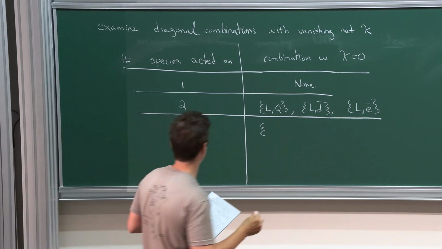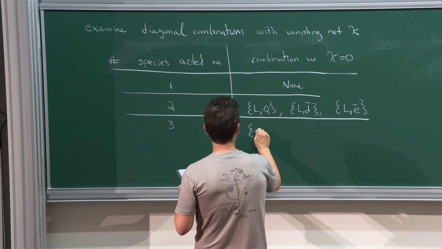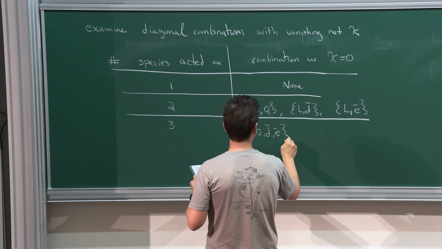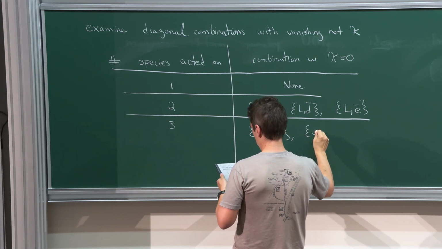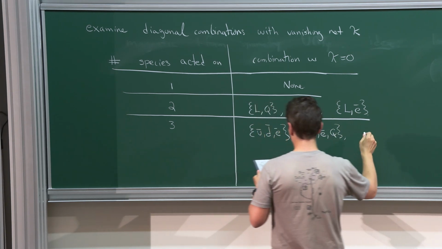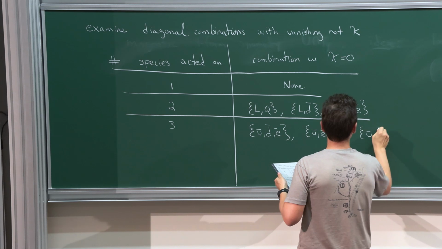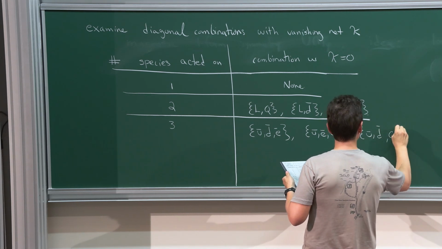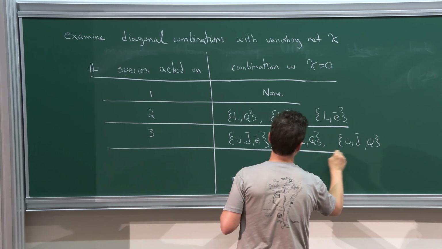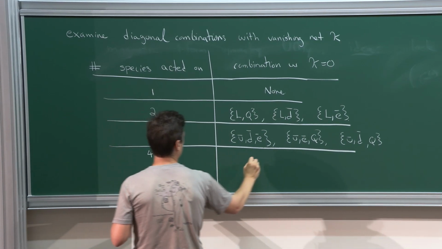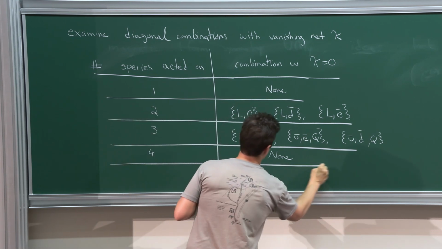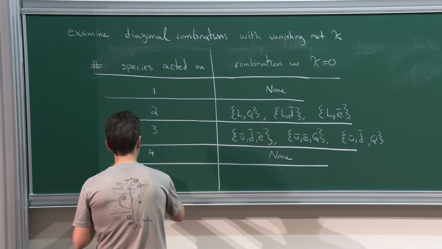Maybe I should keep writing this table. OK. U bar, D bar, E bar, U bar, E bar, Q, and U bar, D bar, Q. For four, there are none. And finally, there's, of course, one that acts on everybody.